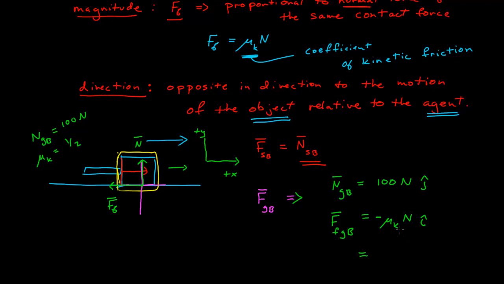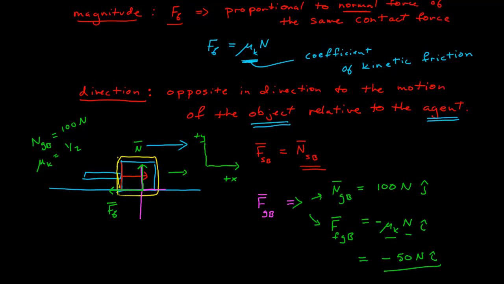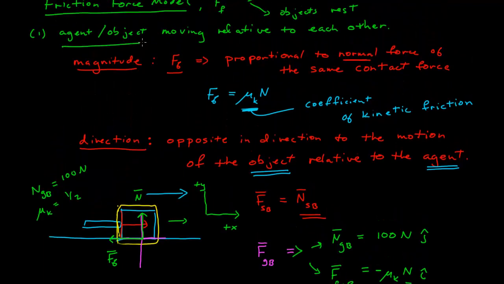And so, well, this is 1/2, this is 100, so it would be negative 50 newtons in the negative x direction. And so here we have a contact force broken up into the normal component and the frictional component using our friction model. All right, so that's the first example where the agent and object are moving relative to each other.